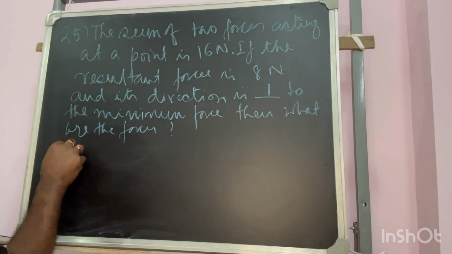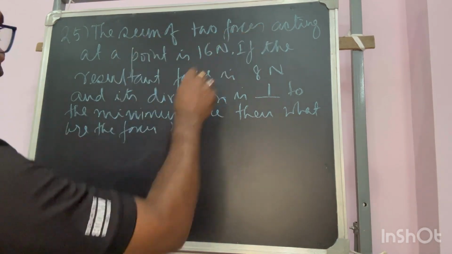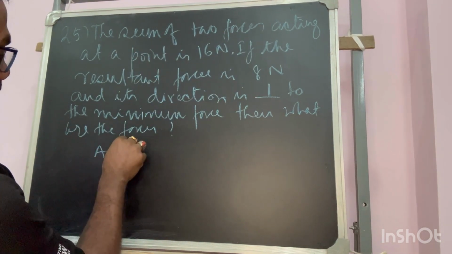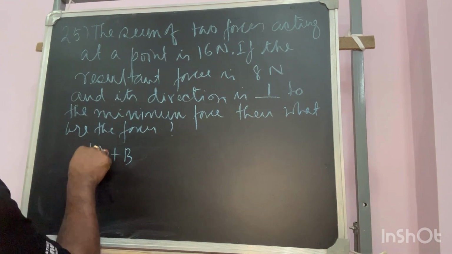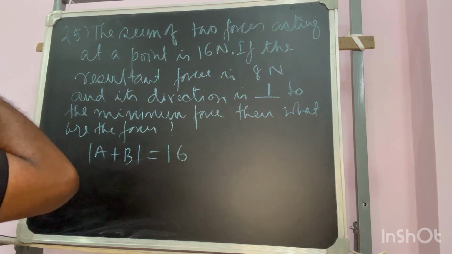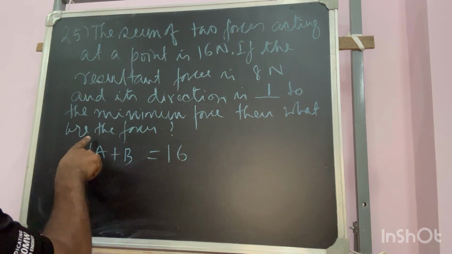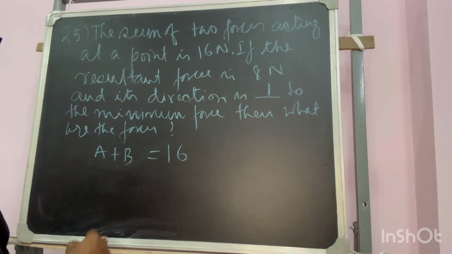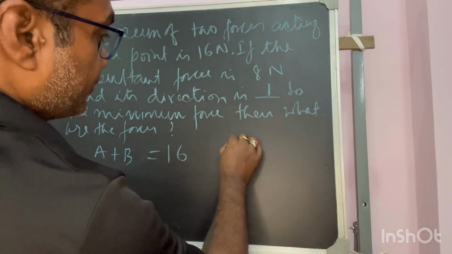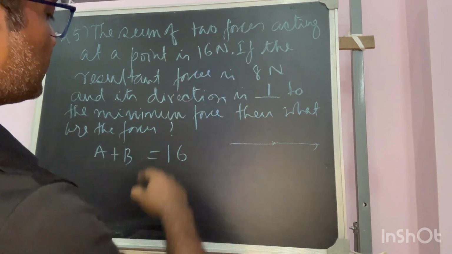So the first equation is that the sum of the two forces, if the forces are A and B, is equal to 16. If they are acting in the same direction, the maximum is 16.